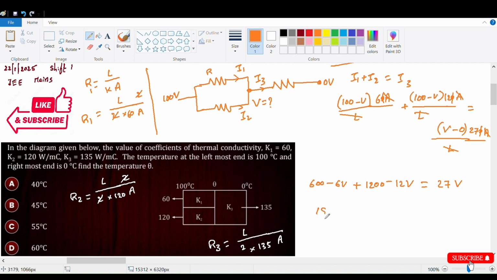So here 1800 minus 18V is equal to 27V. Transposing, it becomes 27 plus 18, which is 45. 45V is equal to 1800. 9 fives are 45, so 1800 divided by 45 is 40. So the V value we got is 40 volts, which is nothing but 40 degrees Celsius. That is the answer.